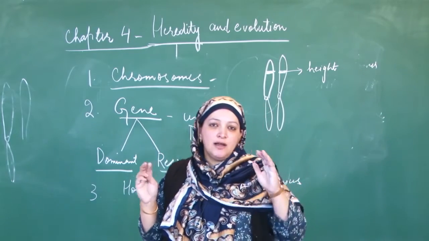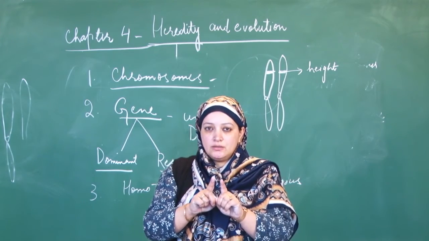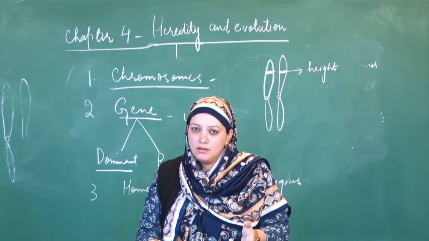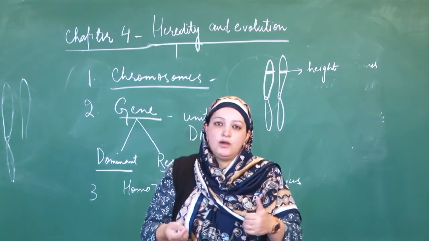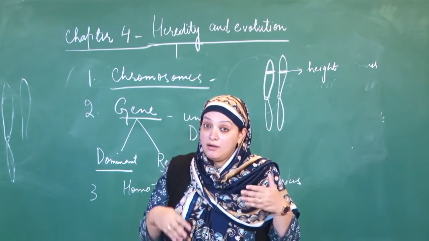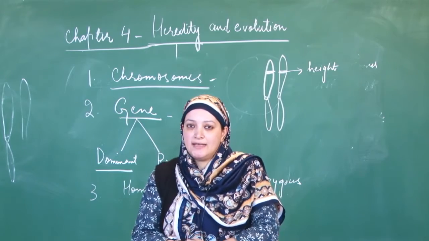The homozygous condition means when there are two similar genes, that is either both of them are recessive or both of them are dominant, means they are in a homozygous condition. Both the genes are in the same form. That is the homozygous condition.